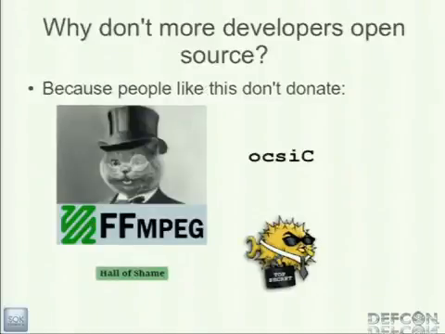So why don't more developers open source? The reason I bring this up is because I'm giving the really nascent, not production grade code away. Just here, use it, make it better. I think it's because a lot of people build entire product lines on top of open source code and never donate back to the projects.